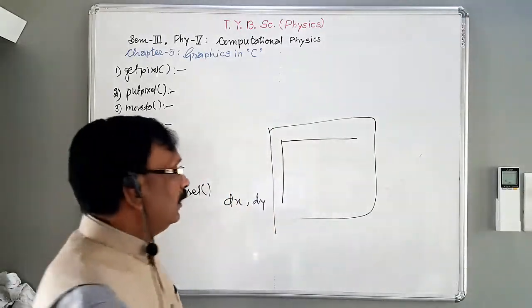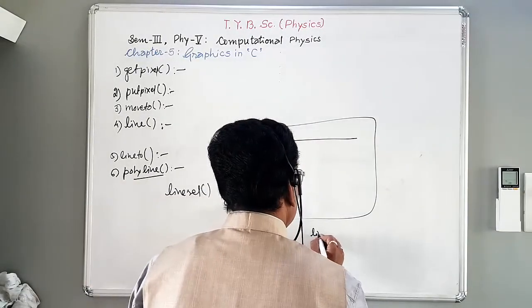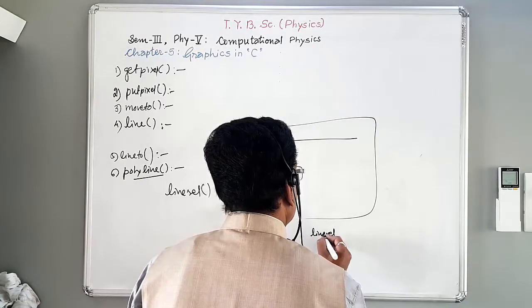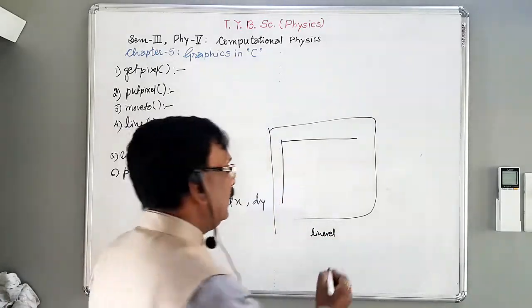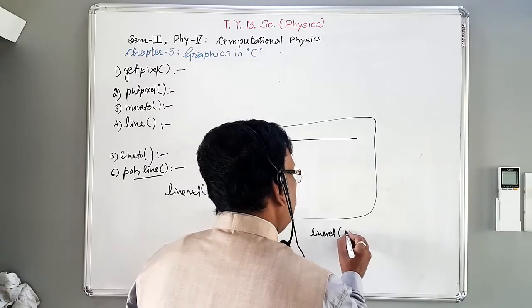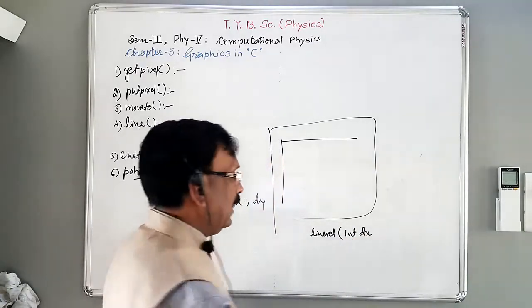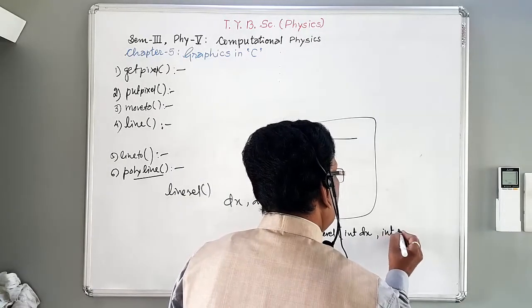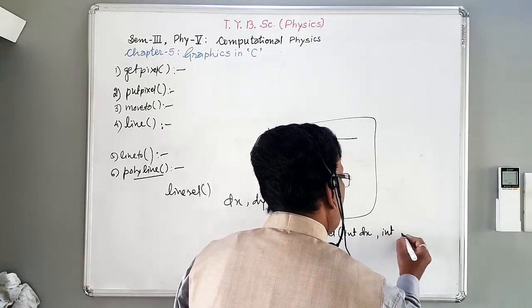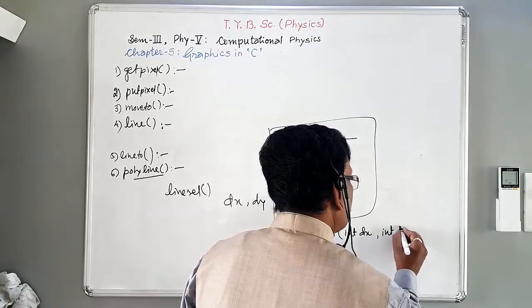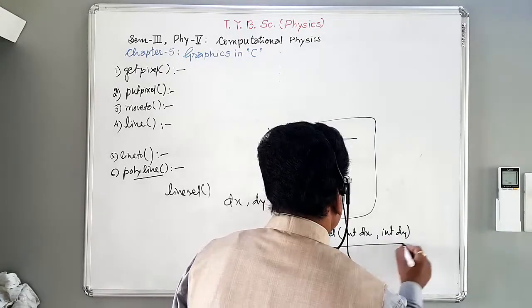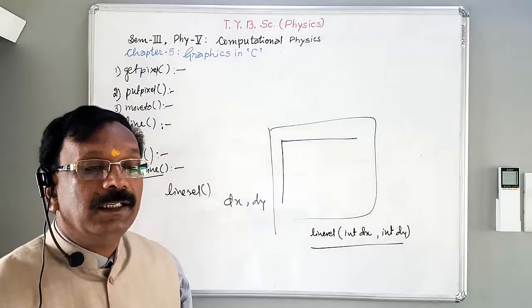Okay, so the syntax is simple. linerel is the keyword, and here we have to give the value of dx along the x axis with the help of integer dx, and the value along the y axis by the integer dy. This is the general syntax.